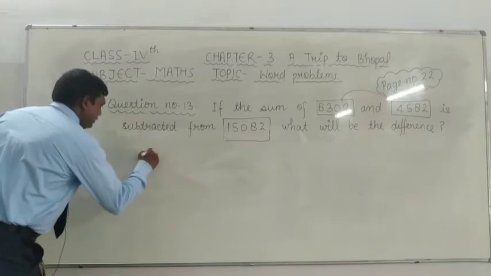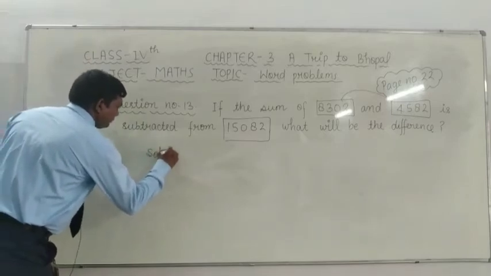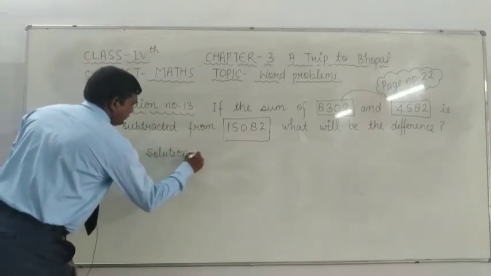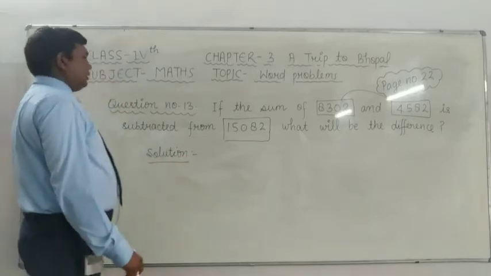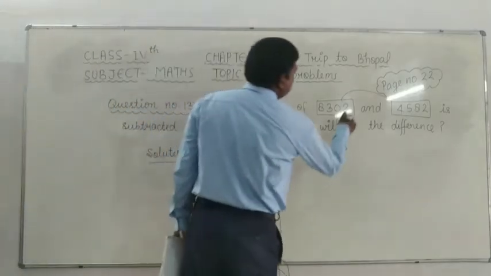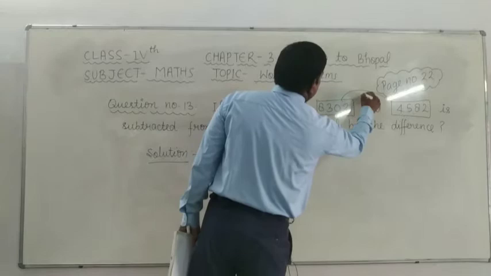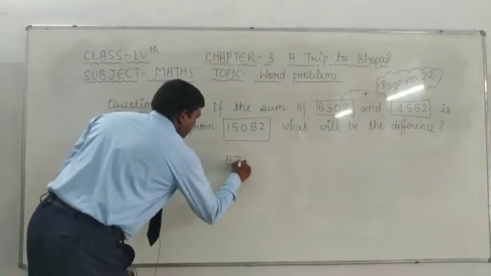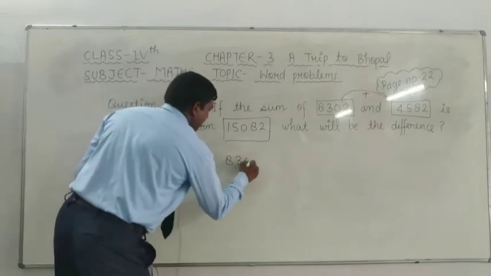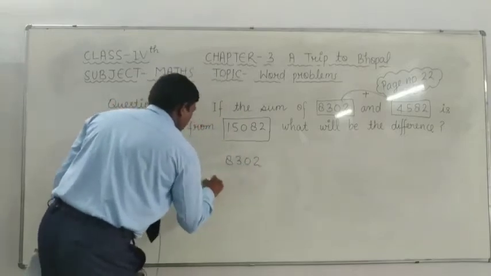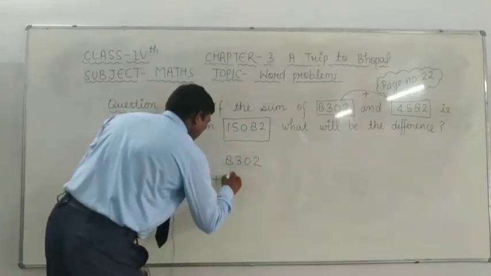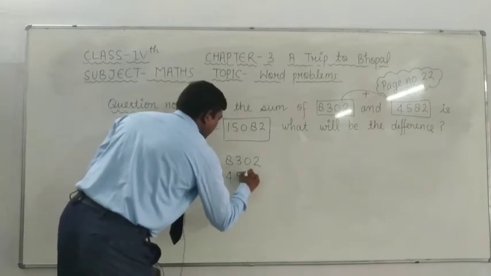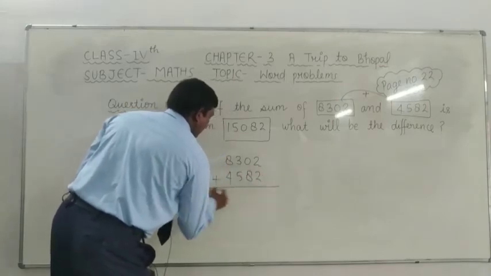Look here carefully. Firstly we have to add this and this: 8,302 plus 4,582.